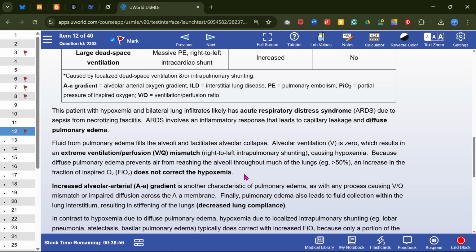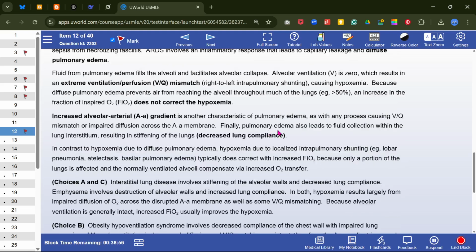Increased AA gradient is another characteristic of pulmonary edema, as with any process that causes VQ mismatch or impaired diffusion across the AA membrane. Finally, pulmonary edema also leads to fluid collection within the lung interstitium, resulting in stiffening of the lungs, decreased lung compliance.